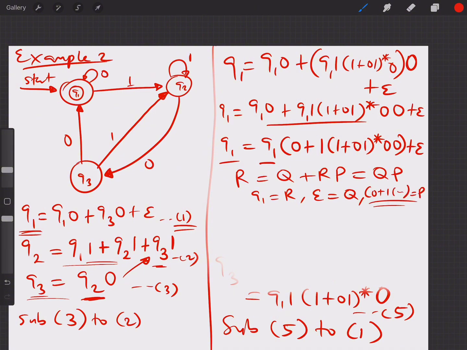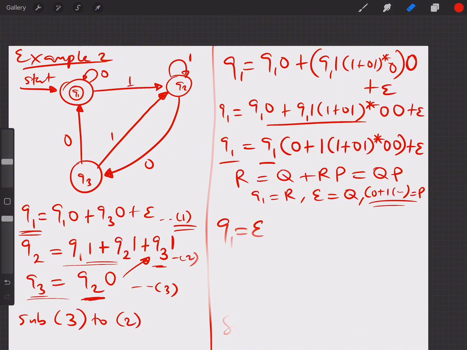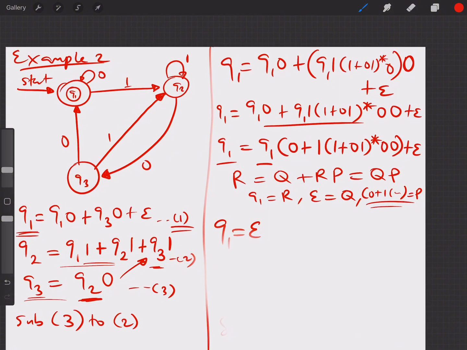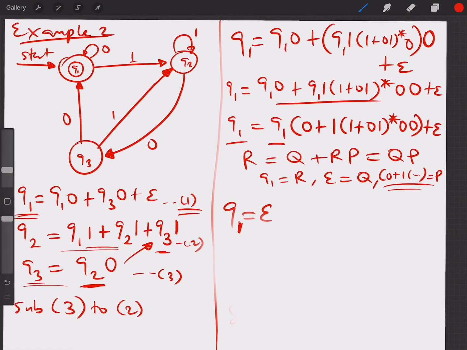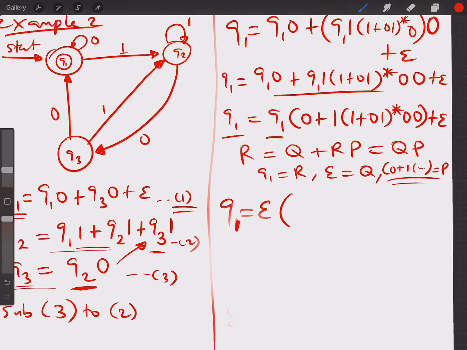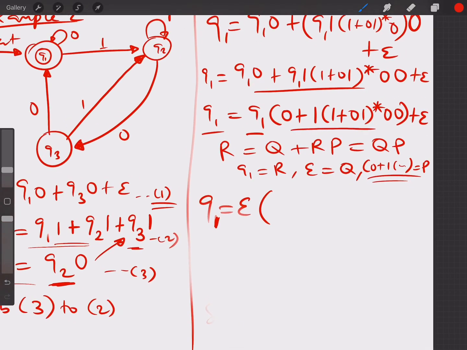So factoring that in, Q1 would be that. Let me clean up some space. Then we have 0 plus 1, 1 plus 0, 1 star 0, 0, or the Kleene closure of that.